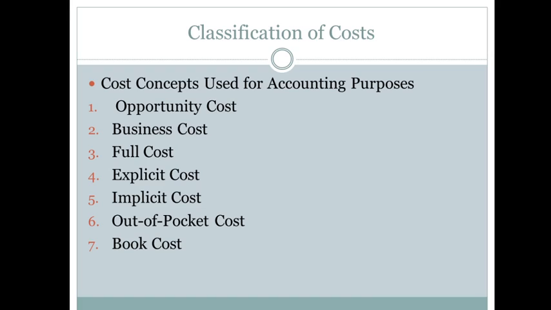In that, first one, cost concepts used for accounting purpose are opportunity cost, business cost, full cost, explicit cost, implicit cost, out of pocket cost, and book cost. All these costs are classified on the basis of accounting purpose.